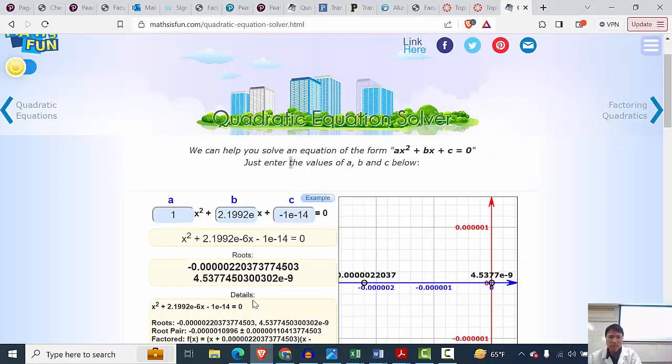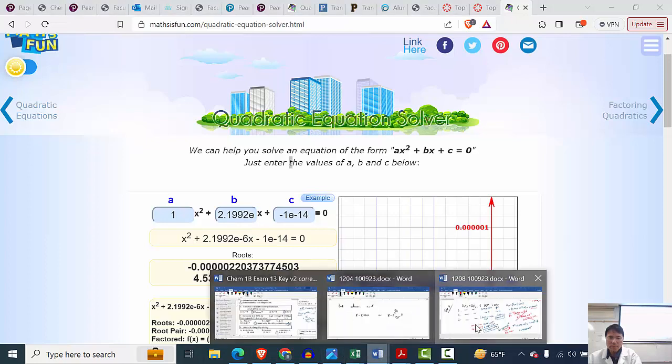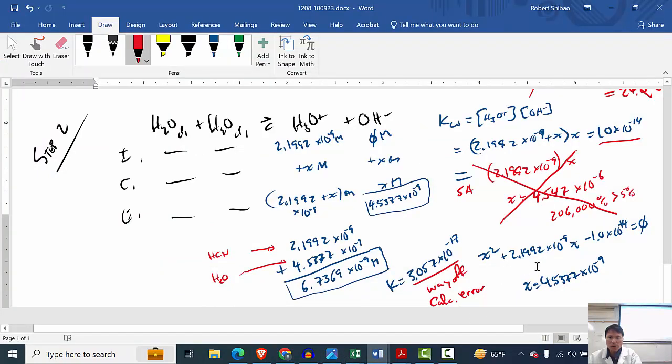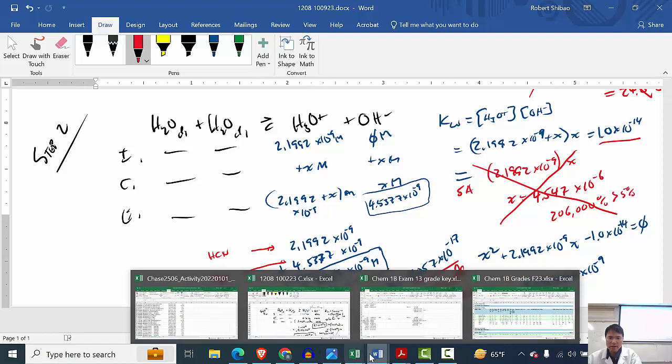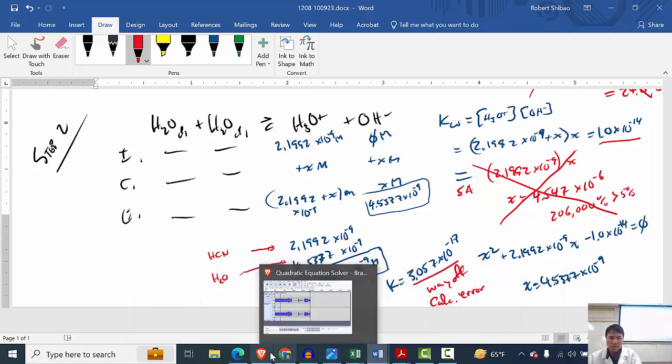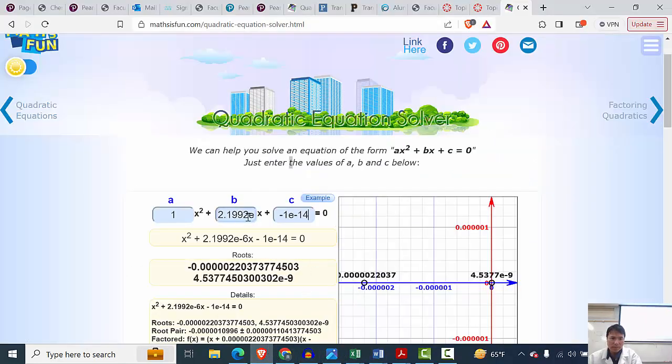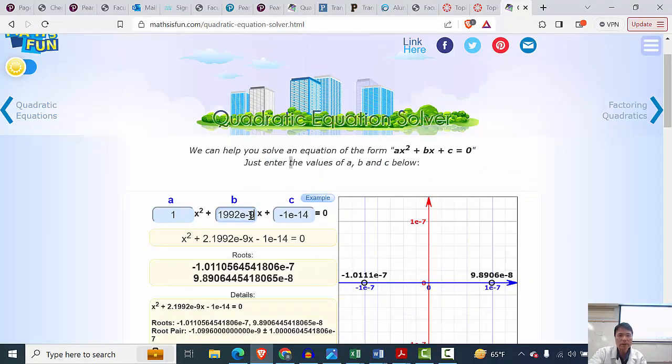Let's see. 2.1992 times 10 to the minus 6 x. I see my mistake. I put in 10 to the minus 6. It's 10 to the minus 9. So let me redo that here. It should be 10 to the minus 9.